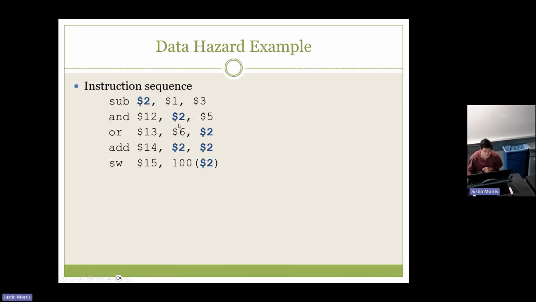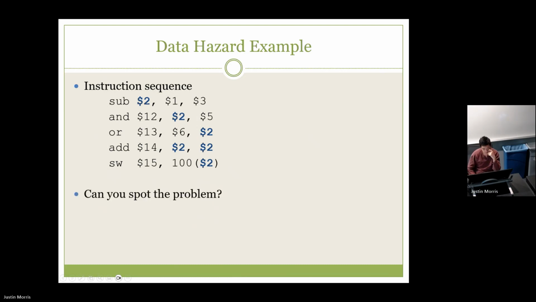Still, yes, still read after write. And this sub and this add. Read after write. Cool. This is still read after write. And between the sub and the store word. Oh, yep. This is still read after write.